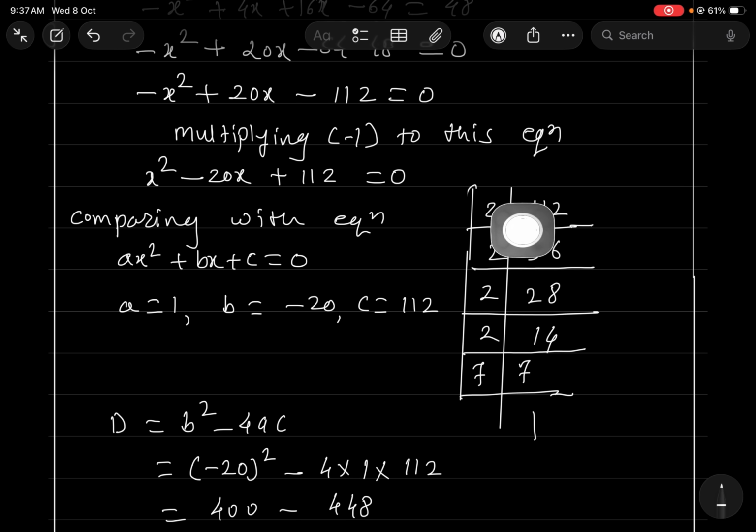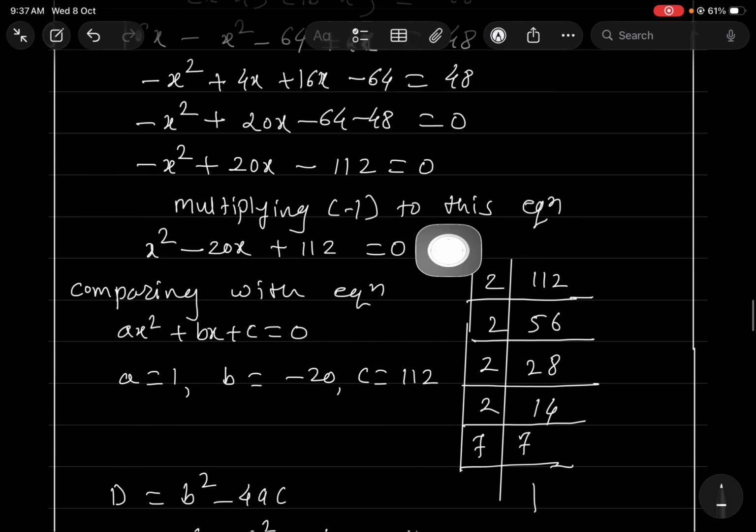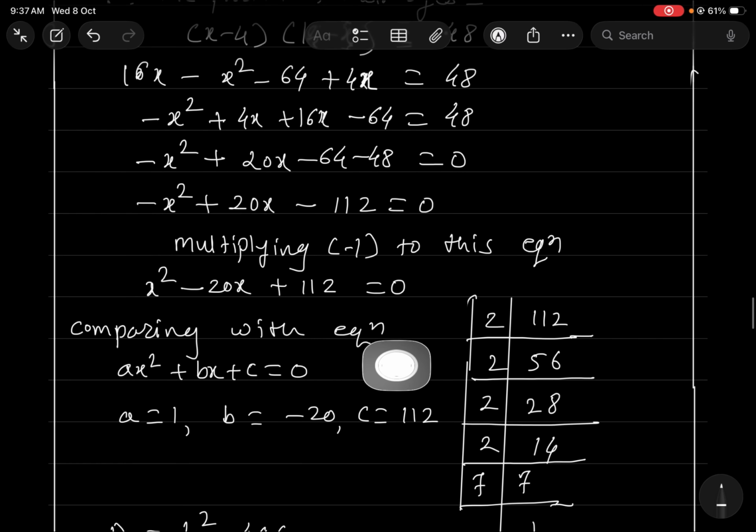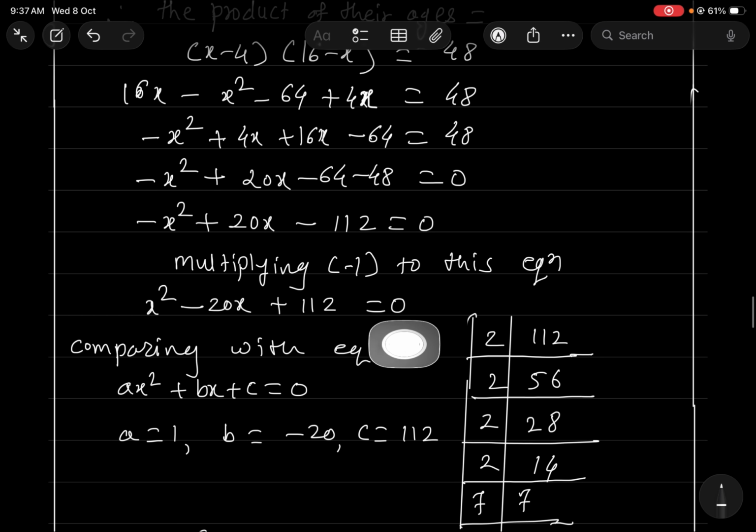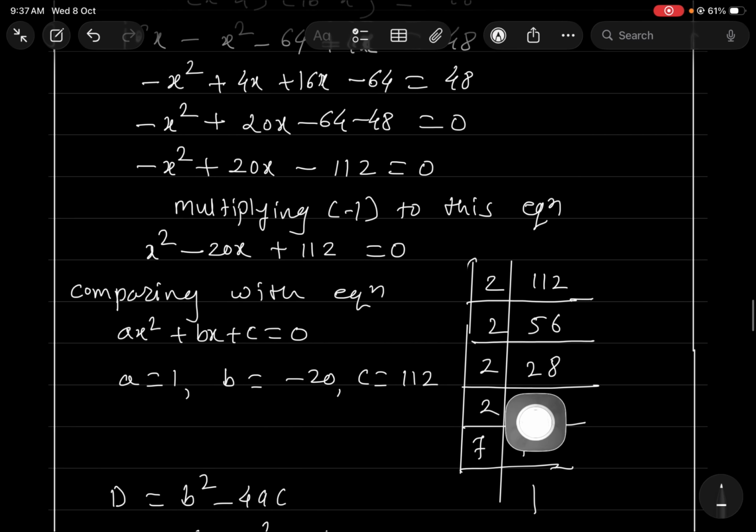If we take 4 and 28, then minus 20x is not possible. If we take 8 and 14, then also not possible. Splitting of the term is not possible every time, so we are using this other method in this particular exercise.